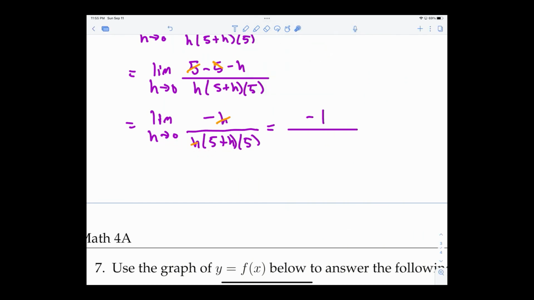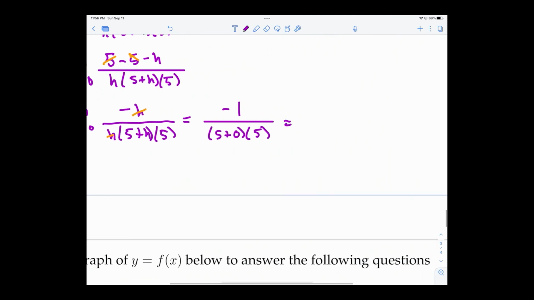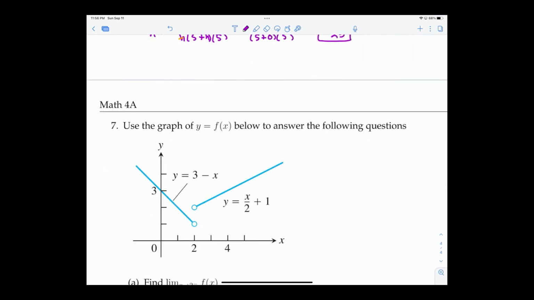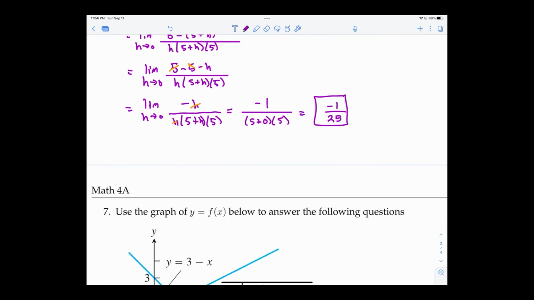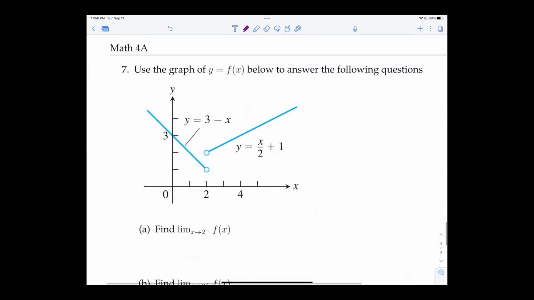So we're going to have 5 plus 0 and 5. So we end up with -1 over 5 times 5, which is 25. All right, there we go. So 2 root type, 2 fraction types, a little bit tricky, but you can do them with practice.